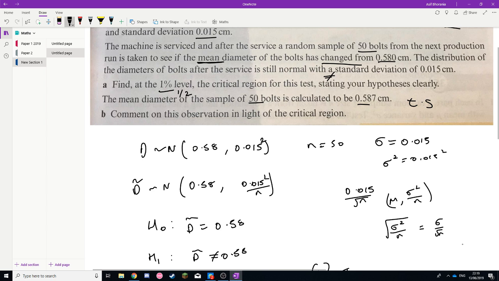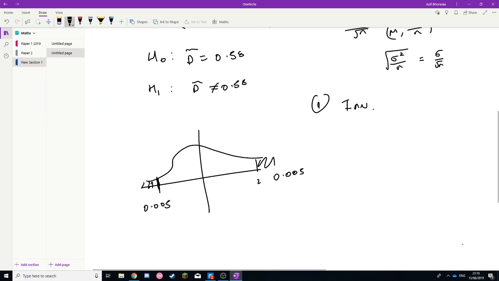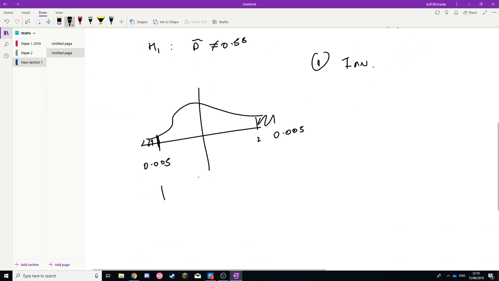Hope that makes sense. So plugging that in, we have 0.015 divided by square root of 50, which gives 2.1 times 10 to the minus 3. The mean is still 0.58.